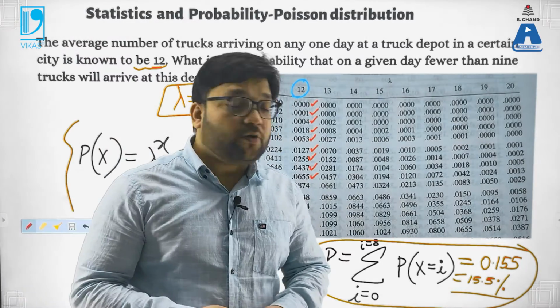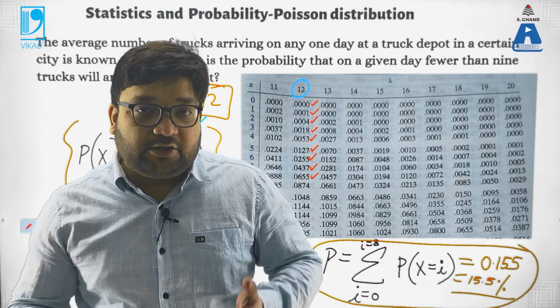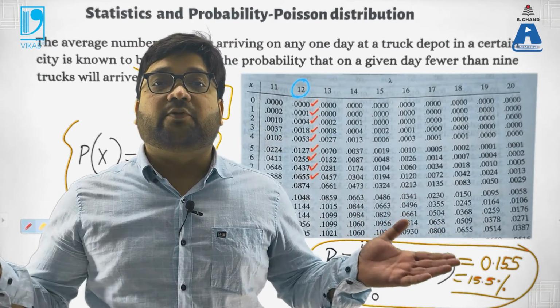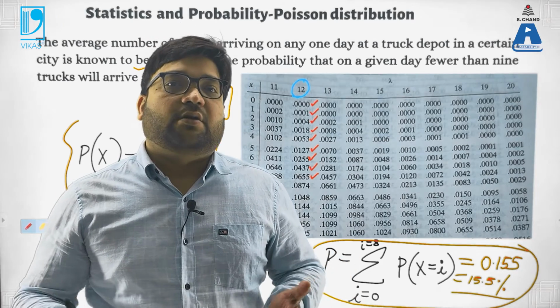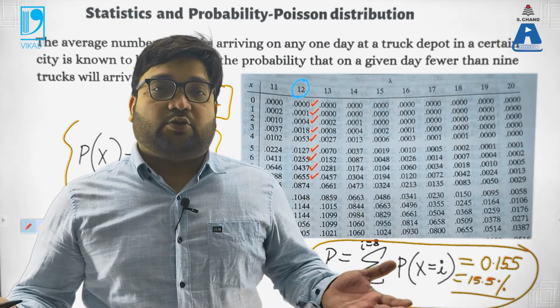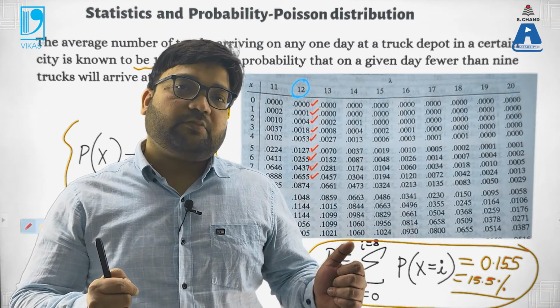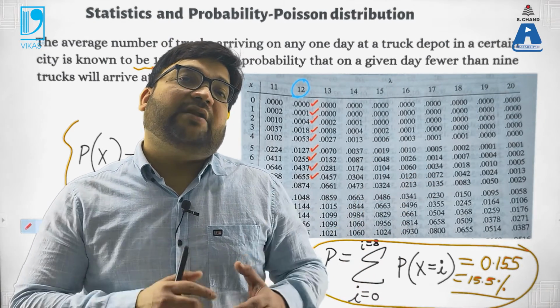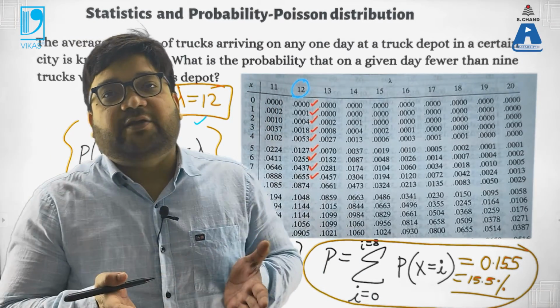So suppose you are a businessman and you have to ship your goods, you are waiting at the depot for the trucks, and you have goods worth, let's say, 10 trucks. Your goods will fit in 10 trucks or 9 trucks. Then you can try to estimate what is the probability that you have to wait for the other day.